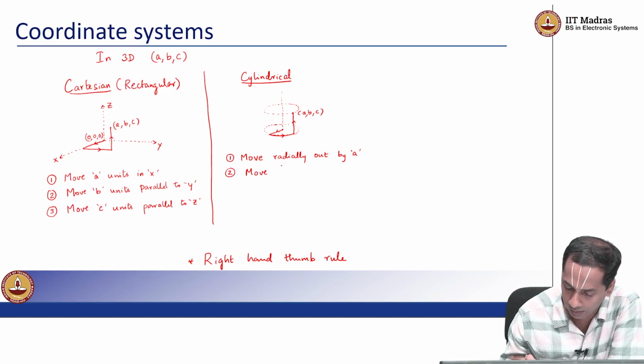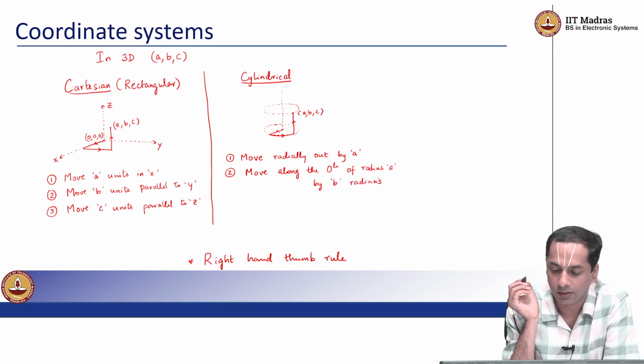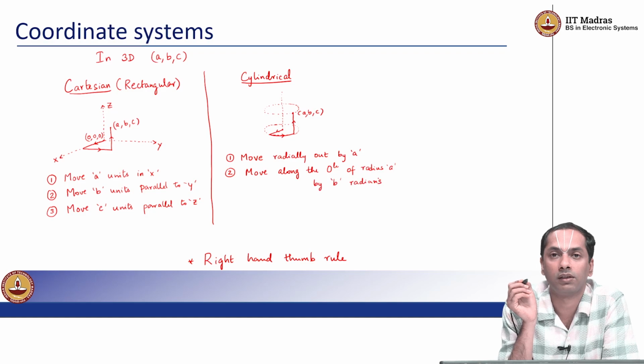So move along the circle of radius A by B radians, right? So B is actually a measure in angle, right?